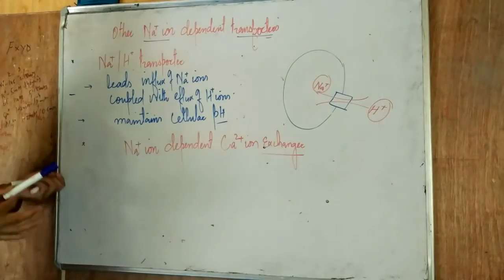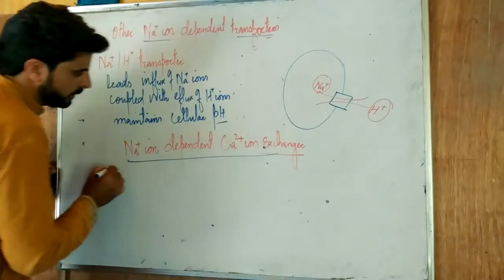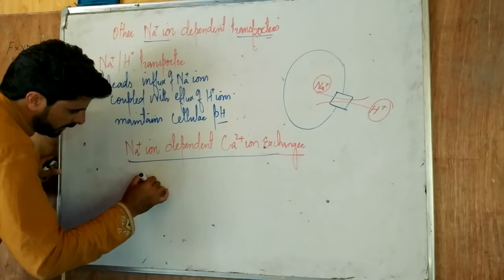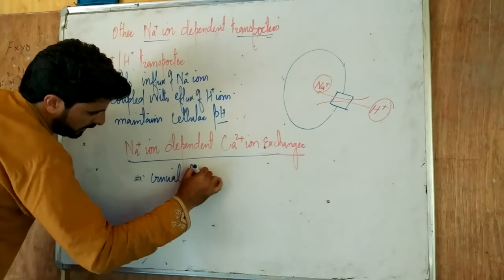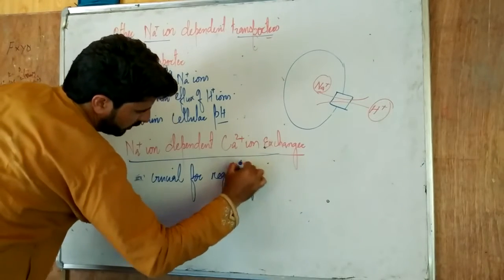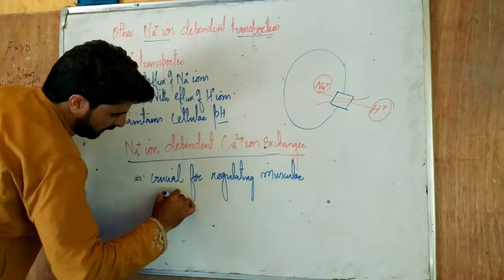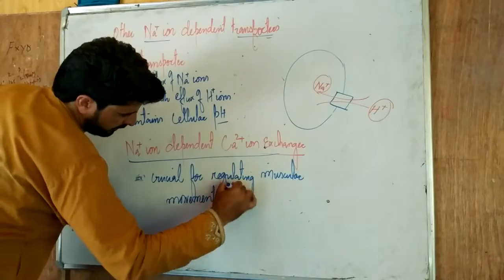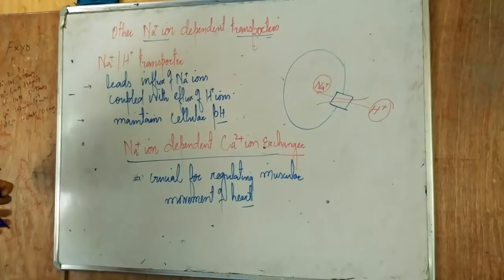This second one is crucial for regulating muscular movement of the heart. It is maintaining the muscular movement of the heart.